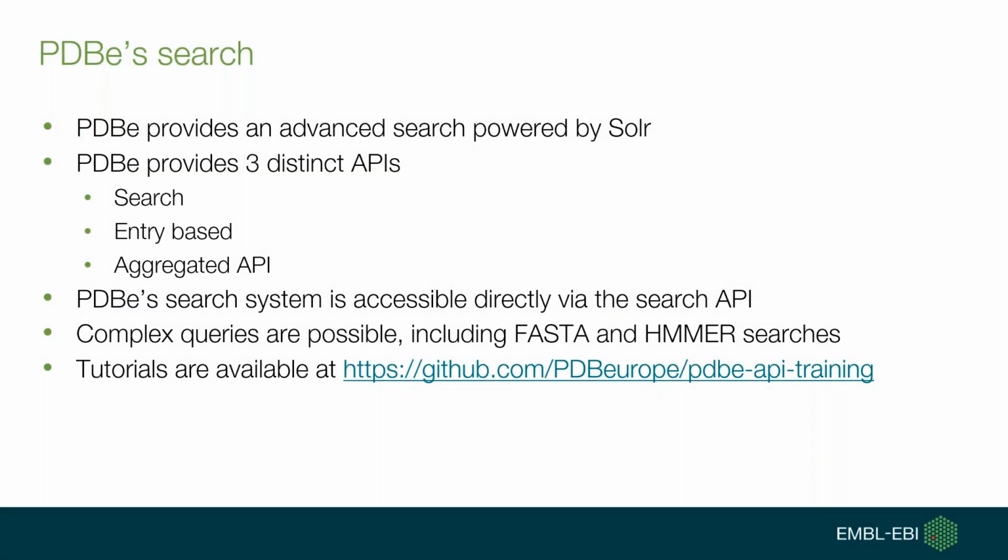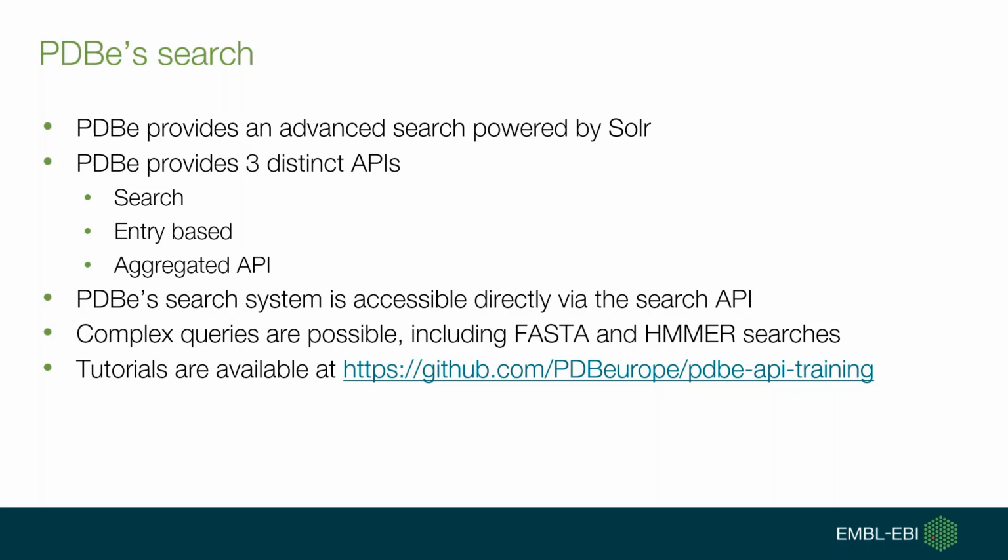So we're drawing to the end of the webinar now, and just to summarize, PDBe provides an advanced search which is powered by Solr. It is one of our 3 distinct APIs, that being search, an entry-based API, and an aggregated API. Like the others, the search system is accessible directly via the API.